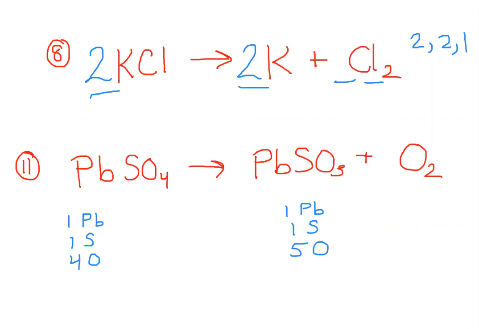So how in the world are we going to do that? Since this oxygen and this oxygen are connected to other things, I would put the 3 from this one in, wait a minute, no, let's try something else.